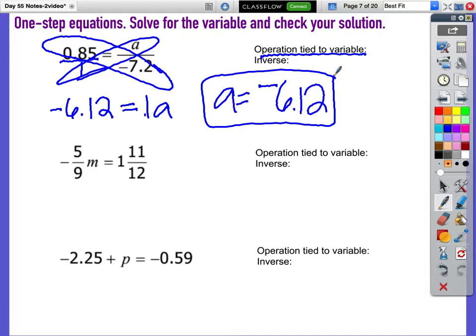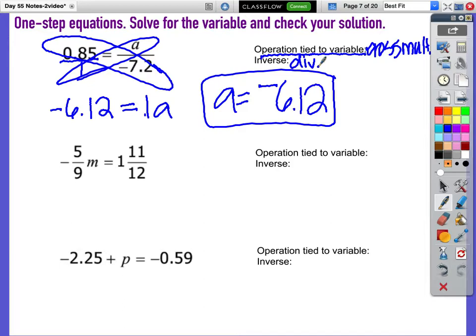Negative 6.12 equals A is an alternate answer. If we go back and look at our original question about which operation is tied to the variable, the way that we worked it, we did cross multiplication. If ever you can make those into fractions and work it out that way, you guys already know that. It's not even something new that you have to crowd up and clog up your brain learning. That's how you do that.